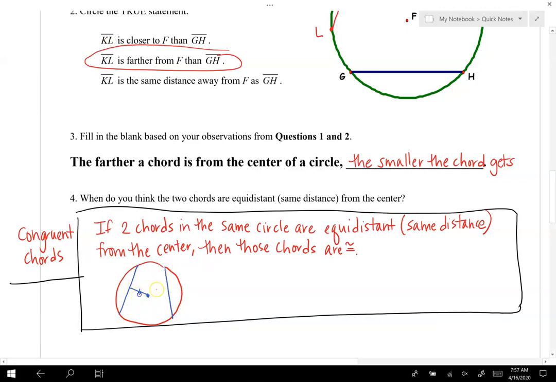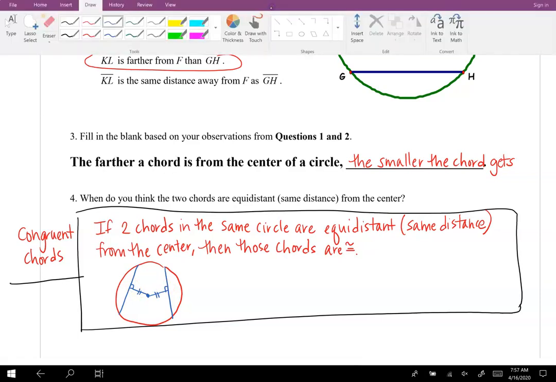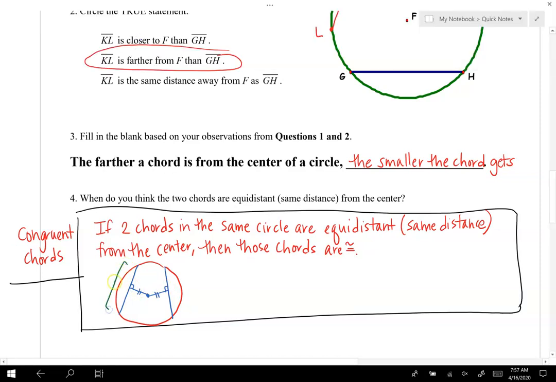It's saying if these distances are the same, then that means that those chords are the same length, or vice versa. I'm going to write a note here. The reverse of this works too. Meaning that if you know the chords are congruent in that circle, then you know the distances are the same. All right, so we'll do one problem like that that will involve that theorem.